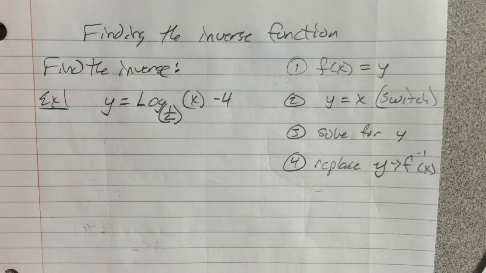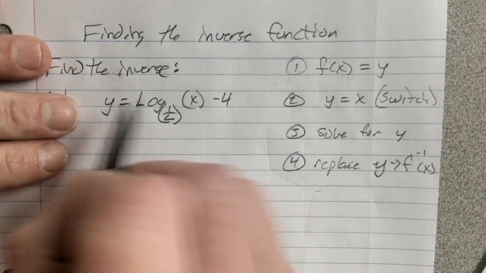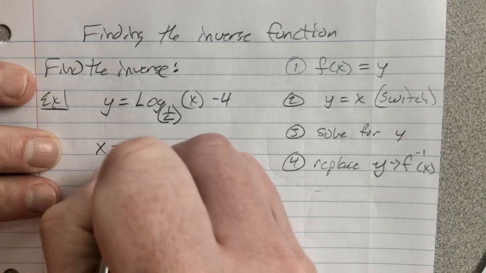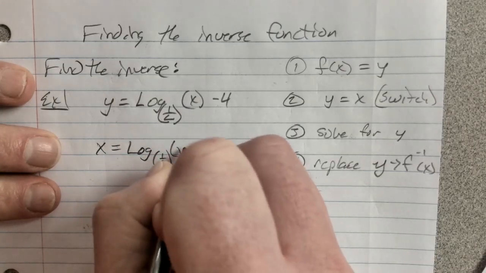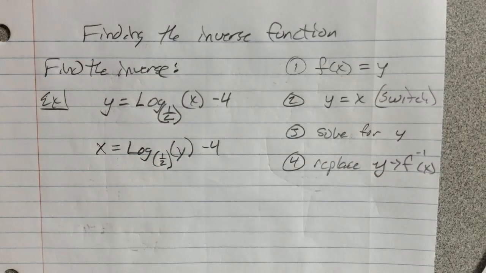Alright, so we're in terms of y equals. What am I going to do next? Switch the x and the y. Good. So now we have x equals log base 1/2 of y minus 4. Now we got to go solve for y.